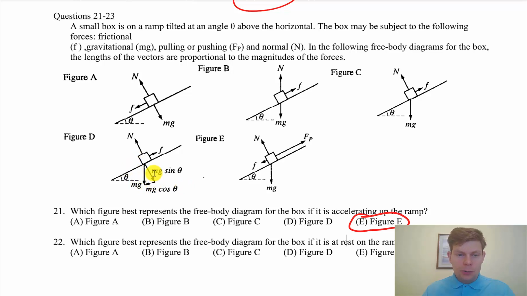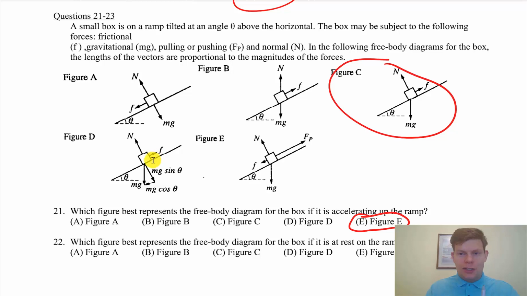This one includes components, so it is excellent for your purposes, except actually it's got these backwards. This should be mg sin theta, and this should be mg cos theta. So that's a bit of a giveaway. But anyway, if you're submitting a question, you do not want to include components. So it's not D. It's going to be C.